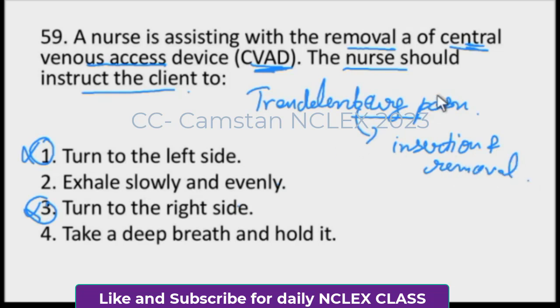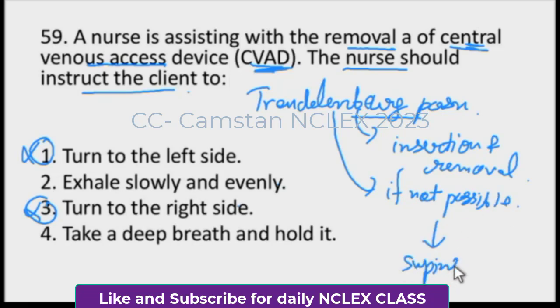If in case this position is not possible, then supine position is sufficient, right? So the preferred position is Trendelenburg, and if it is not possible, then supine position. So both the first option and the third option are incorrect.